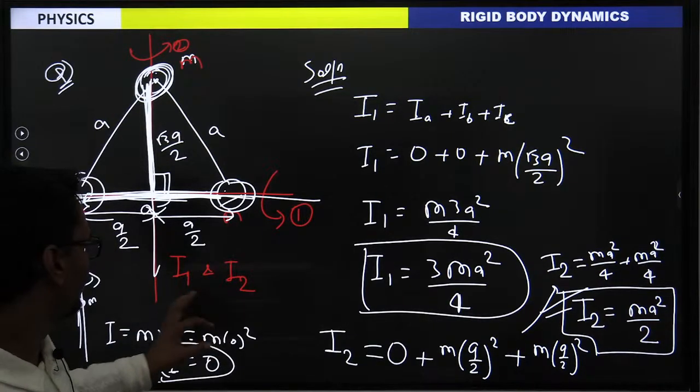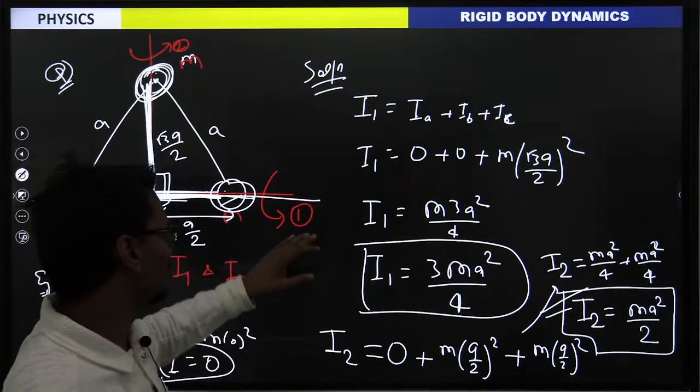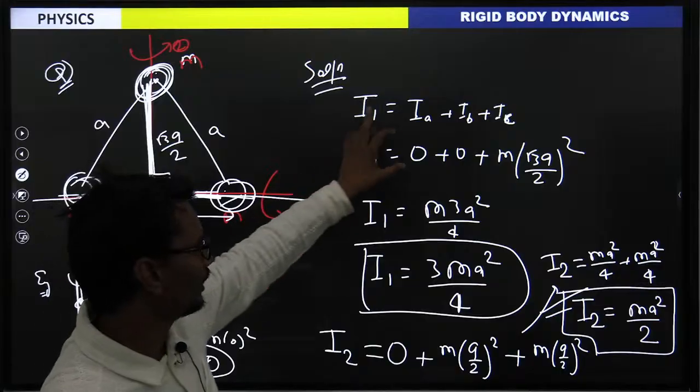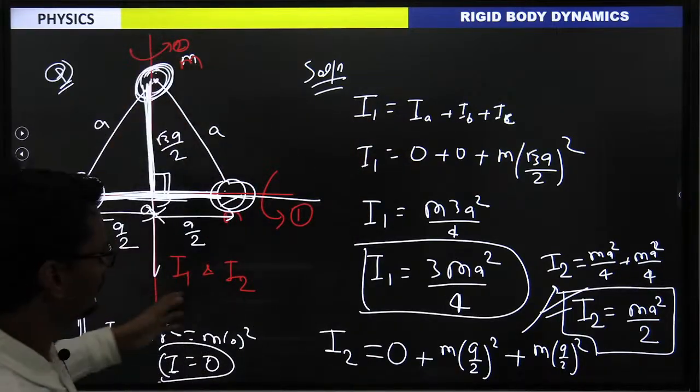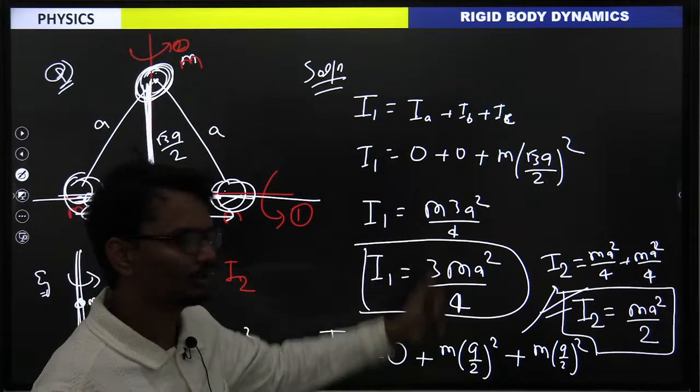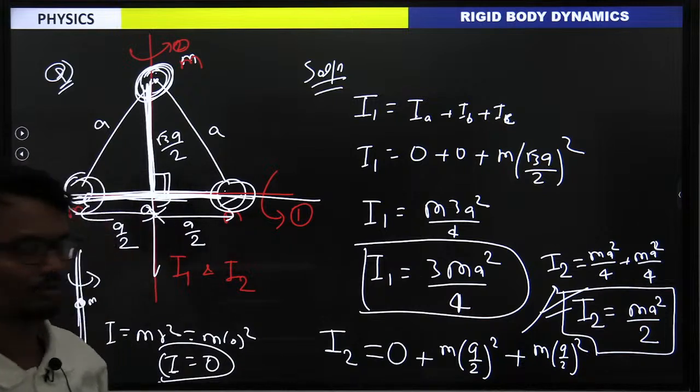I easily find the moment of inertia about this axis, let us say I1, and about this axis I2. I think this is clear to all of you.